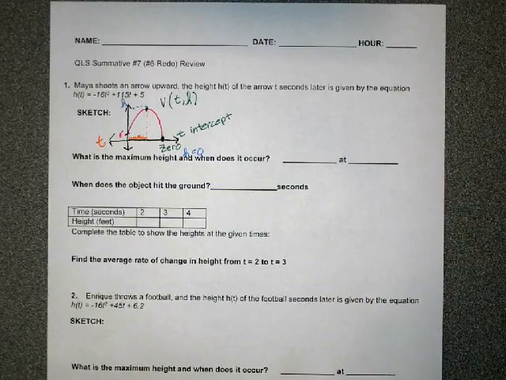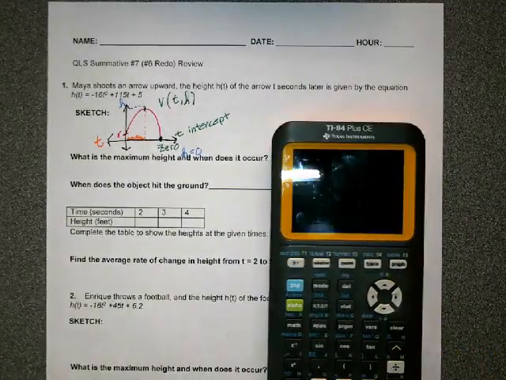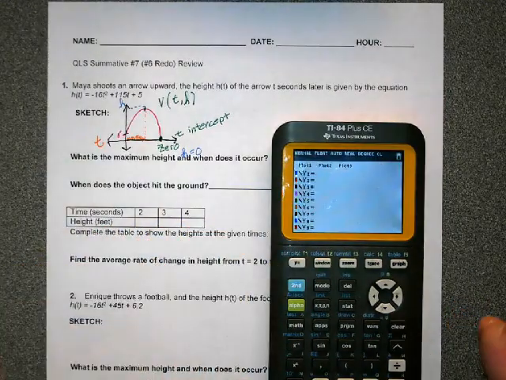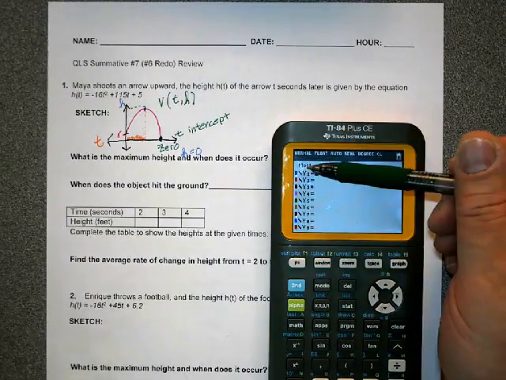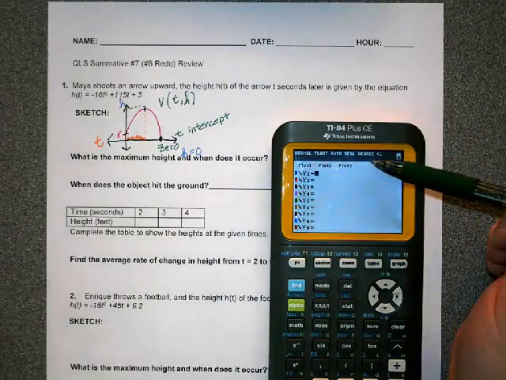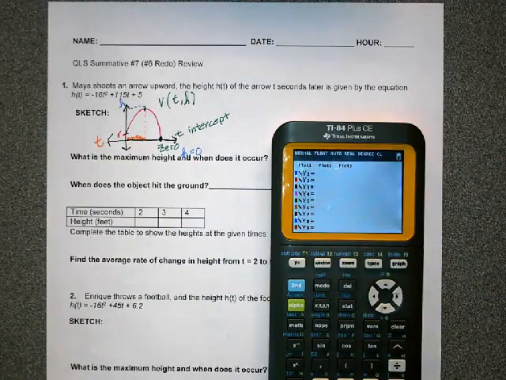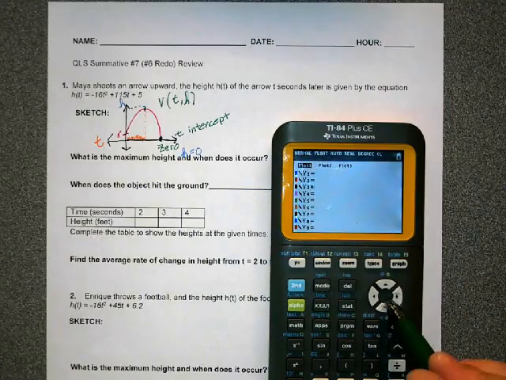All right, you ready? Here's what I do. And I highly suggest that you clear everything out of your calculator. Make sure your stat plots are off. Remember, there's a stats course in here, and they like to turn these on. So make sure they're turned off, and you do that by highlighting it and hitting enter. Okay? See how you can turn them on and off?